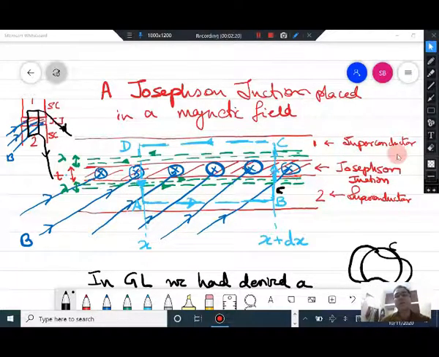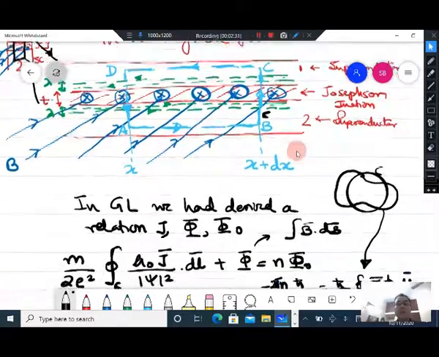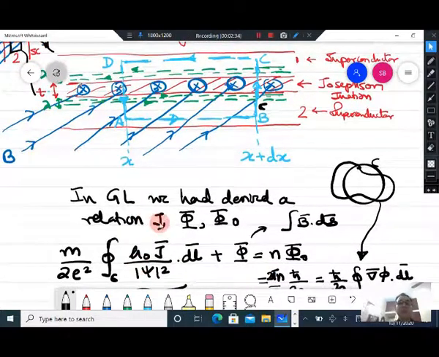So let us take this curve C and try and derive the Josephson relation for this sort of junction. If you recall, in the Ginzburg-Landau theory we had a relation between the current, the magnetic flux, and the flux quantum phi naught.